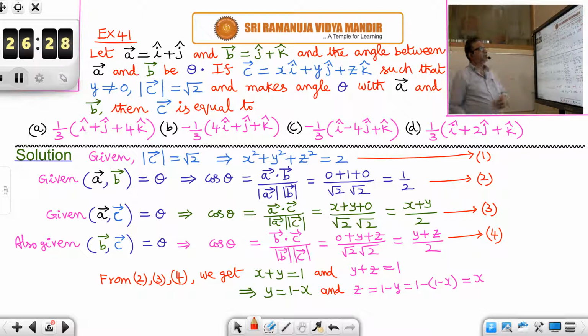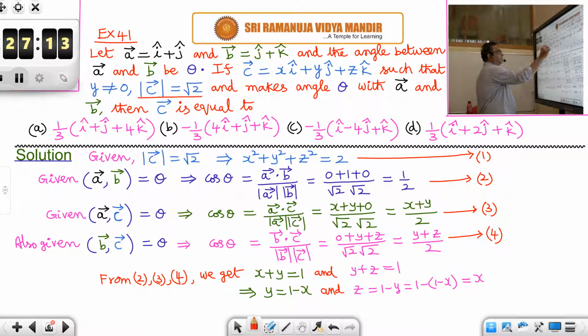If c bar is equal to xi plus yj plus zk such that y not equal to 0 and mod c bar is equal to root 2 and makes angle theta with a bar and b bar, then c bar is equal to, okay, see, c bar he has already given as xi plus yj plus zk and he is asking c bar. That means we have to find the values of x, y, z.